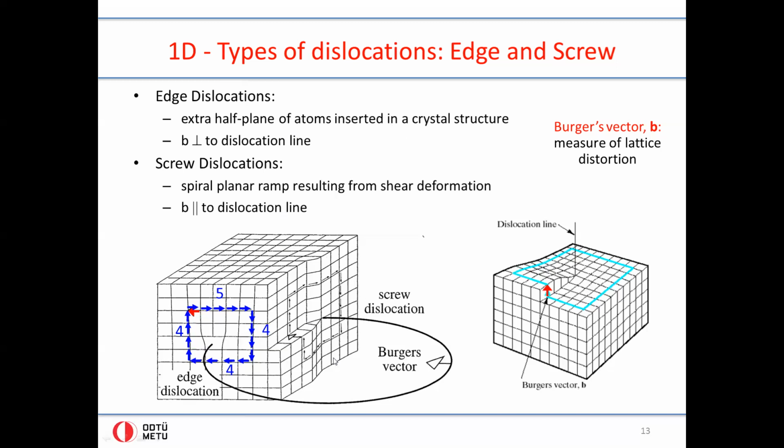So the idea is the material is deforming due to some outside force application. And as you push from this direction and this direction, this extra half plane is moving towards the left of the slide.